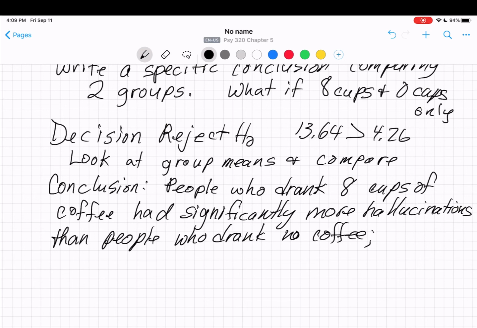And then you'd still give your same F information. Okay, so that part stays the same.